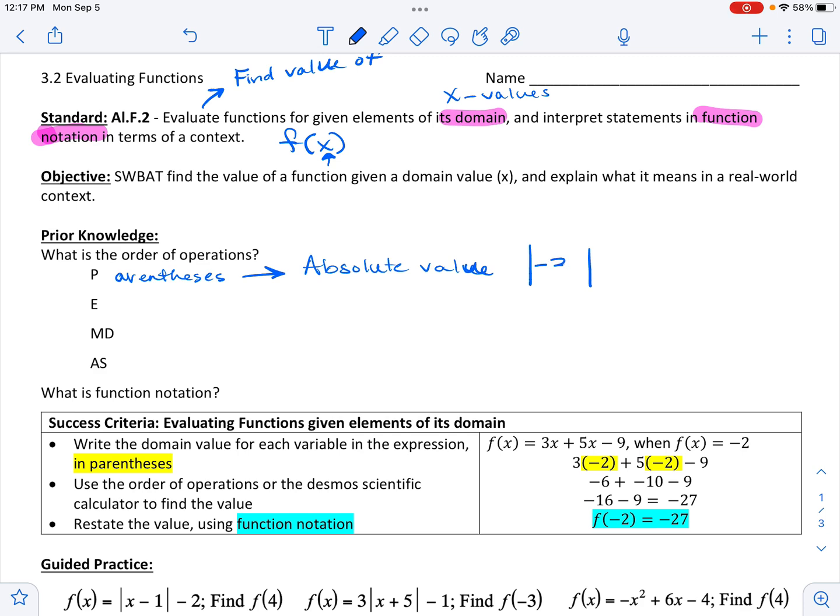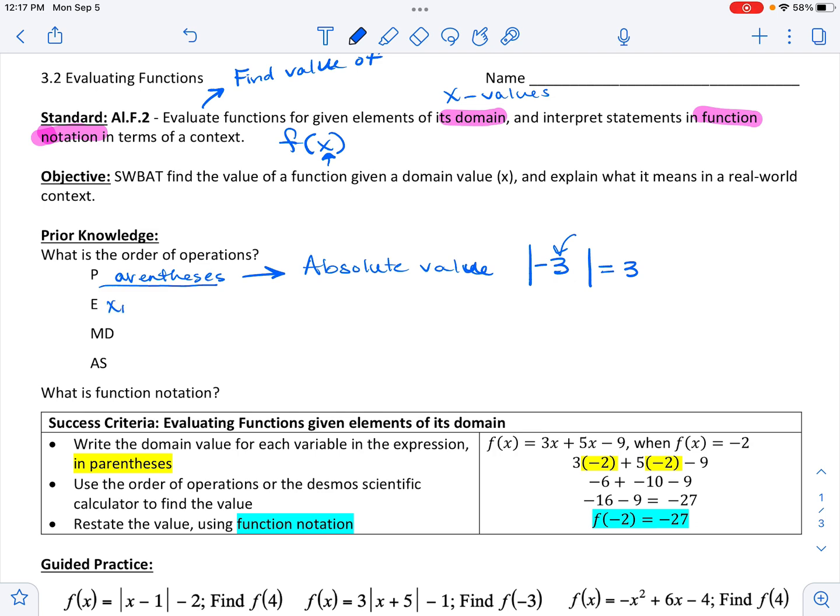If I have -3 inside, the absolute value is the distance from 0. It means whatever the value is inside as a positive. So the absolute value of -3 is going to be 3. Really, what you're doing with parentheses is doing whatever's inside the parentheses. Absolute values can be the same thing. You have to do what's inside before you do what's outside.